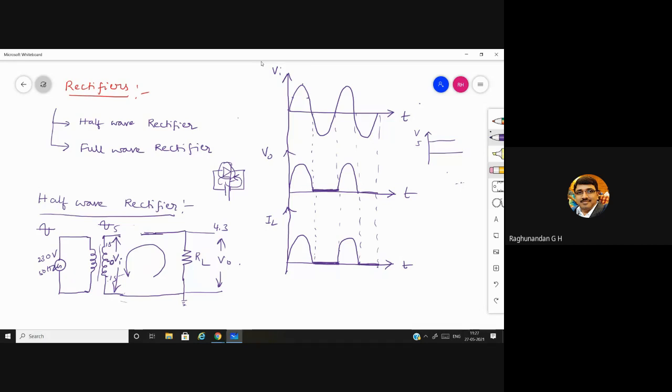Now, if you just observe the input and output, are you able to get DC voltage here, just by seeing the waveform? No, sir. No, right?